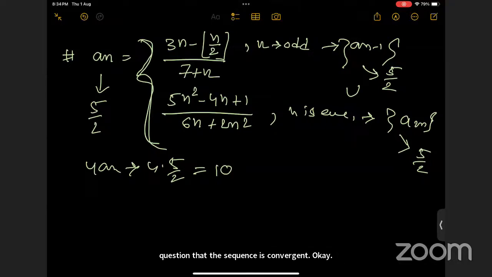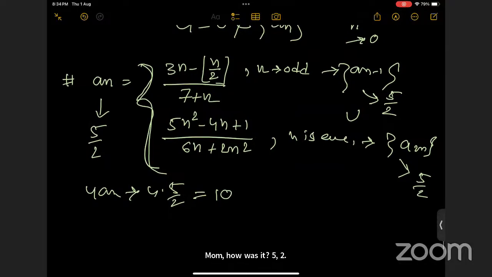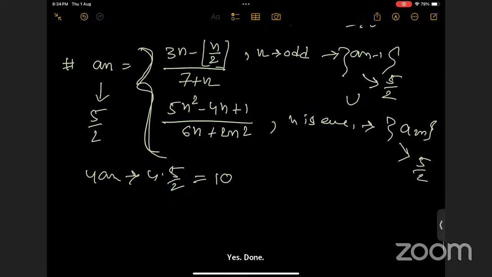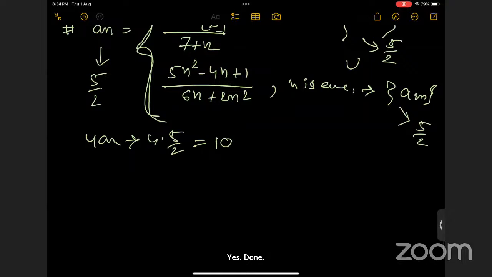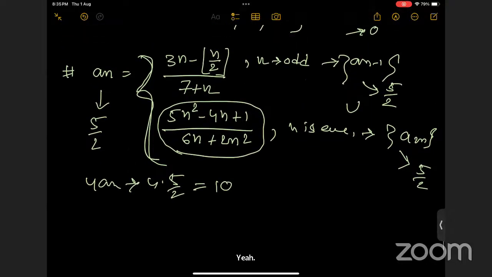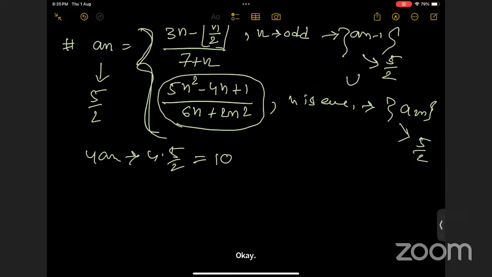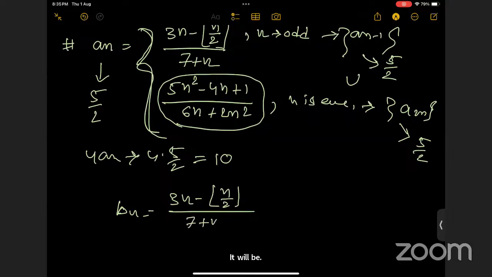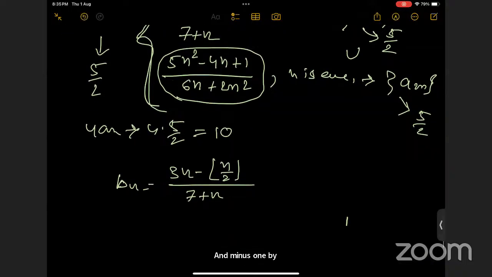Okay. Ma'am, how is it 5 by 2? Yes, that you can check, taking common n square from both denominator and numerator in the even part. For the first one, the floor function, since it is odd, it will be 2n minus 1.